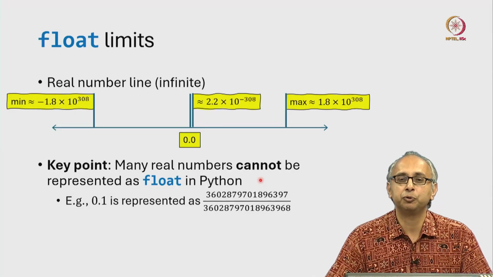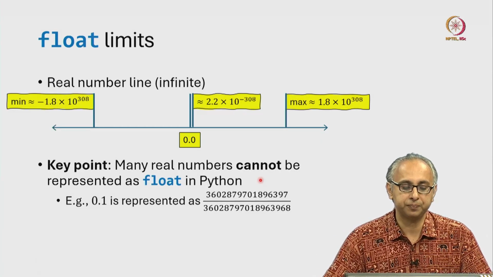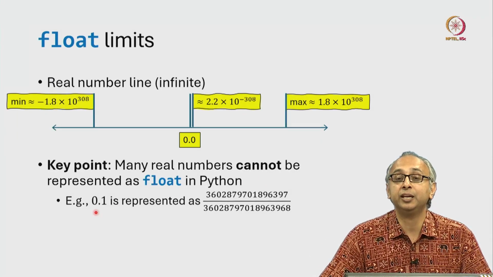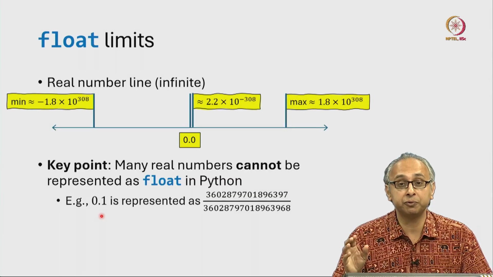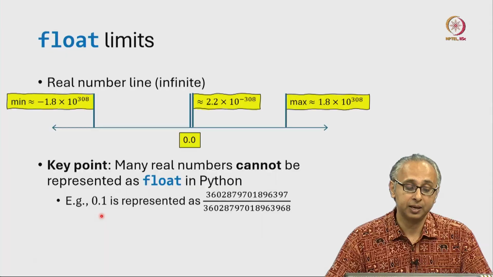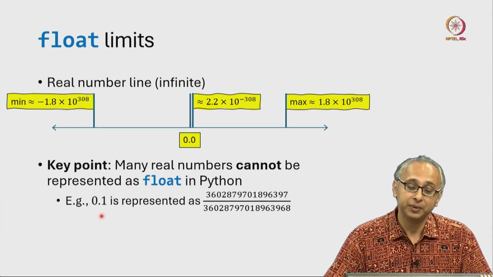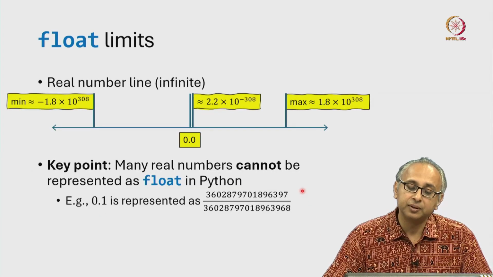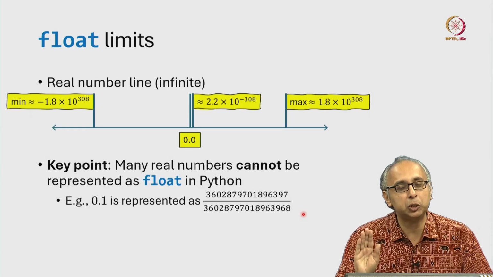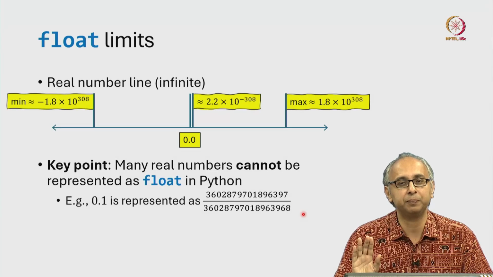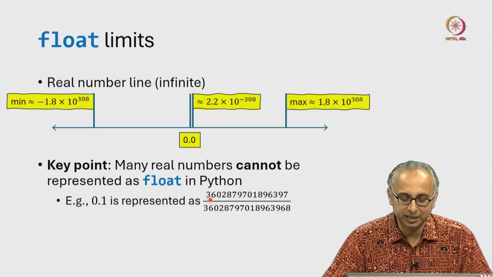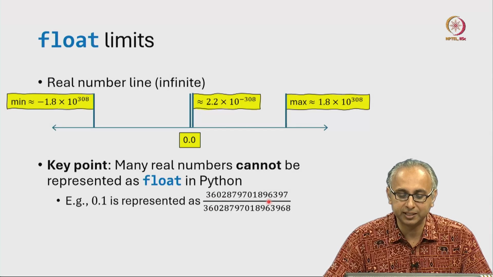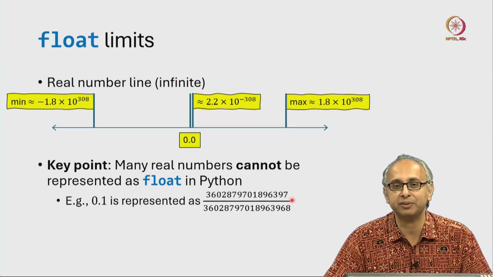So just to give you a small illustration of this, if I have the real number 0.1, so 1 true division 10, that internally is represented as a fraction that is very close to 0.1, but it's not exactly correct. Take a look at these numbers very carefully. You'll see that this ends with 6397.